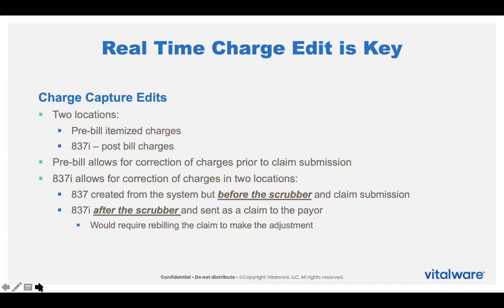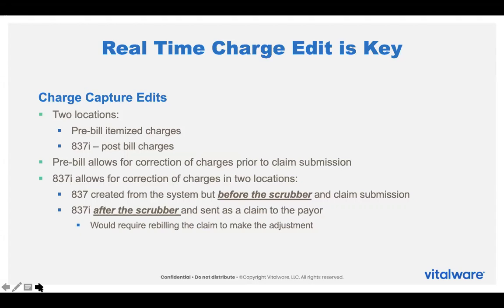The pre-bill allows for correction of the claims prior to the claim submission, and the post-bill means that it will have to be fixed. Now, there's 2 places you can do a post-bill review. I like to do it before the scrubber, meaning that the system, be it Epic, Meditech, Cerner, CPSI, whatever, the system generates an 837 that is then sent over to a bill scrubber.